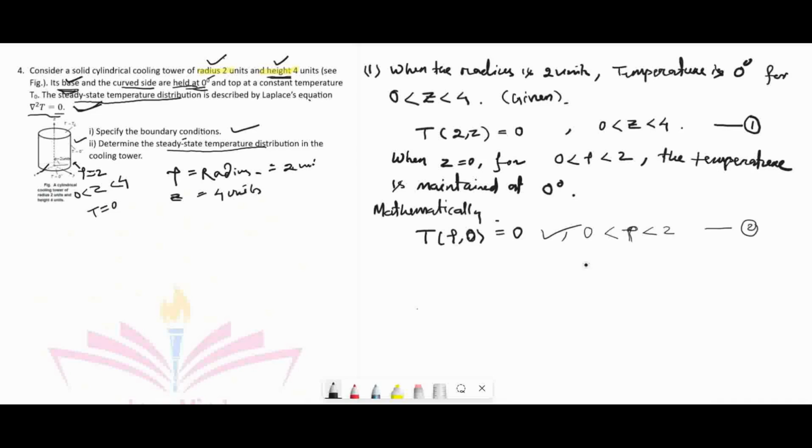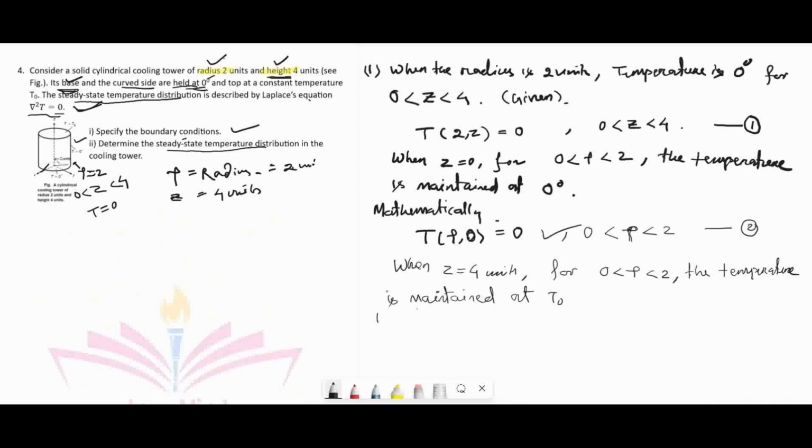Now, when Z is equal to 4, at the top, for 0 less than rho less than 2, whatever the value of radius is, the temperature is maintained at T0.